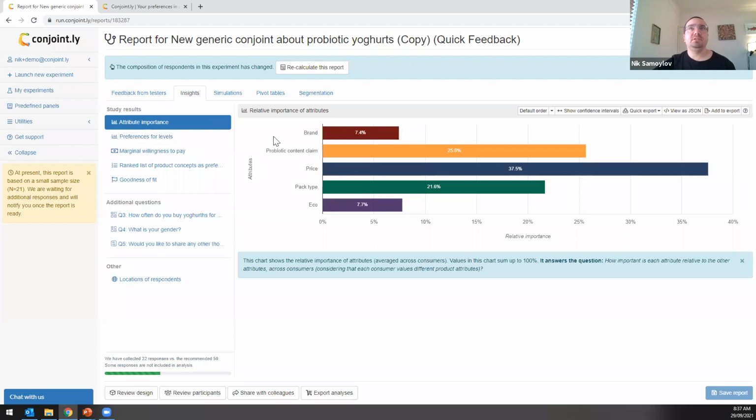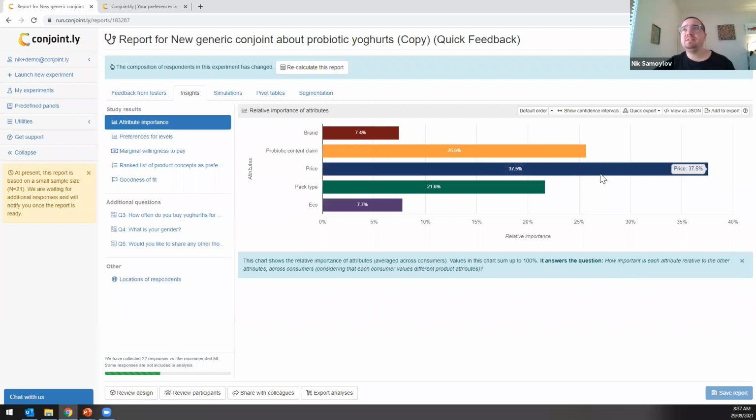But this still gives us an opportunity to look at what kind of outputs you can get from a conjoint analysis. The first one is relative importance of attributes. This chart answers the question, how important is each attribute relative to other attributes across consumers? It takes into account that each consumer values slightly different product attributes.